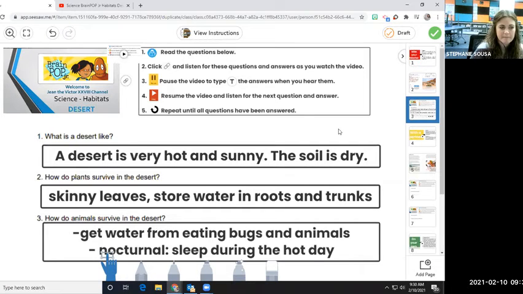Okay. This completes our desert research. What you are getting ready to do is go with a partner in a breakout room. And in that breakout room with your partner, you're going to do exactly what we just did, except it's going to be about a temperate climate, okay?